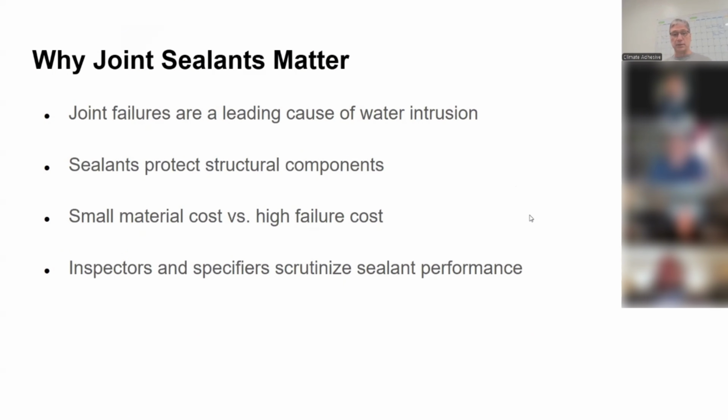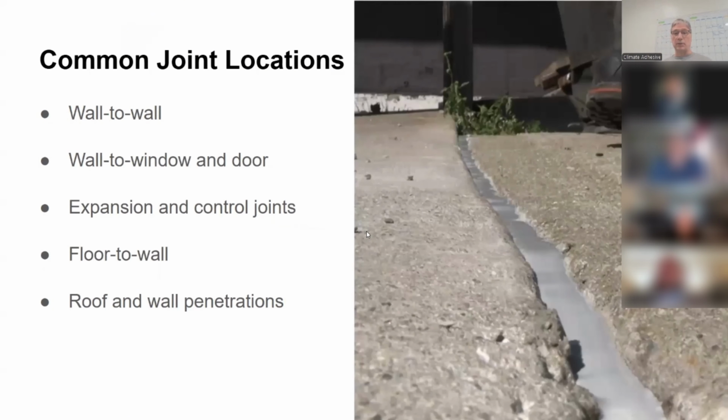intelligently about these things. So common locations: wall-to-wall applications, wall-to-window and door, so window-door perimeters. When you're talking wall to wall, you may be talking about, say, masonry control joints.